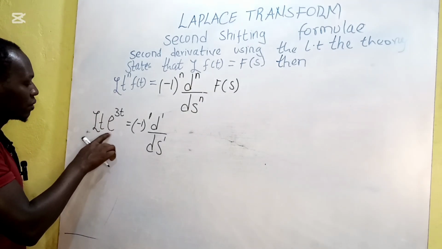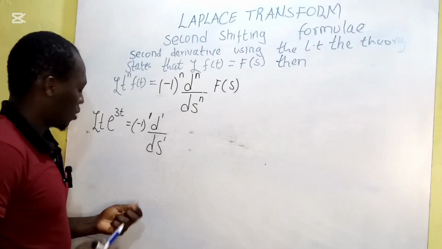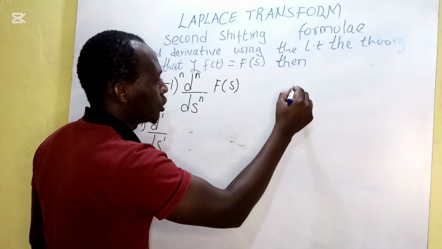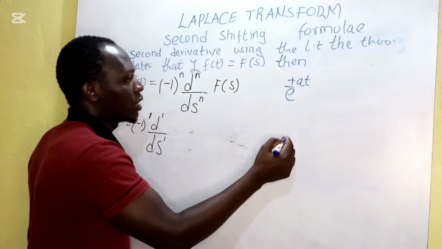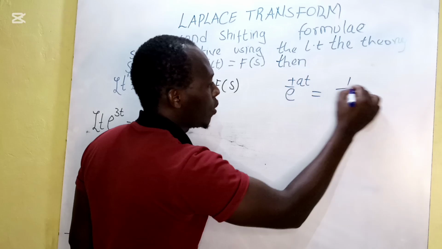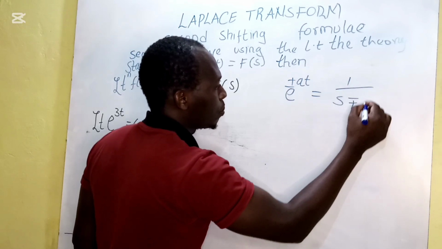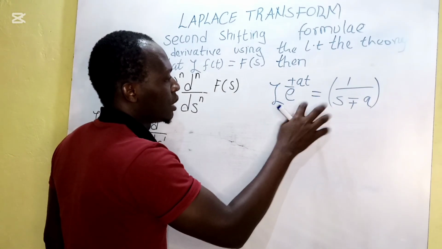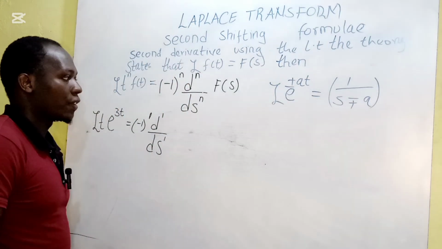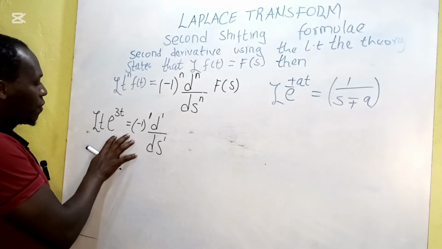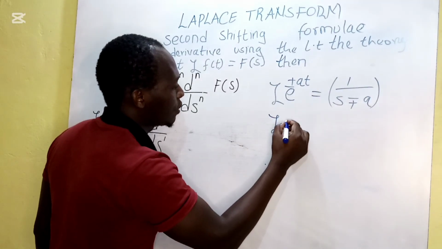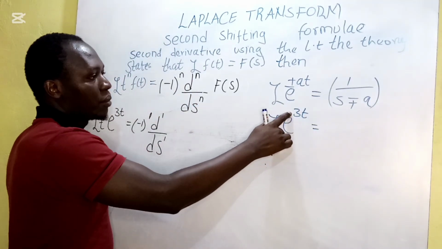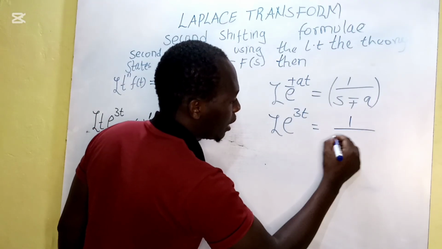And when we get the Laplace transform of our function f of t here, the Laplace transform of exponential at, positive or negative, is always equal to 1 over s, negative or positive of a. This is the Laplace transform of that exponential. So for exponential 3t, since it is positive, we are going to have 1 over s.